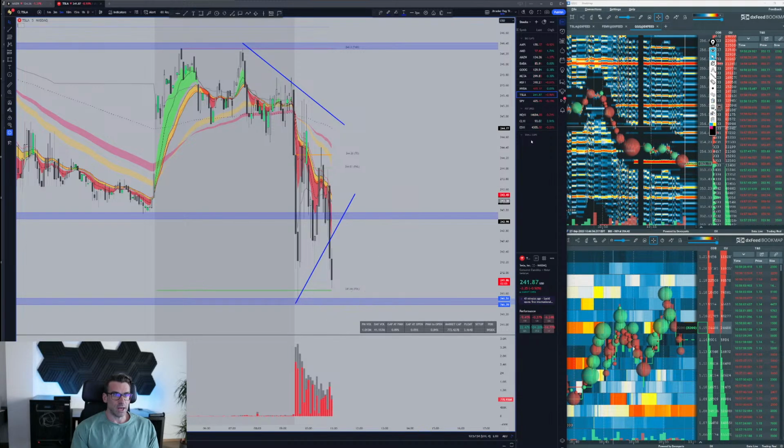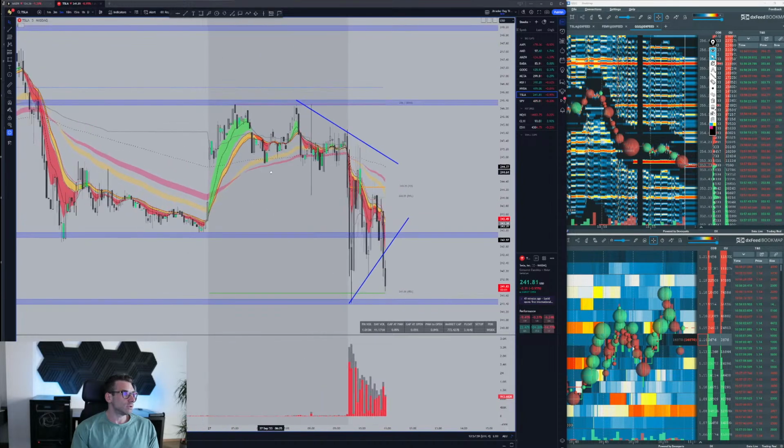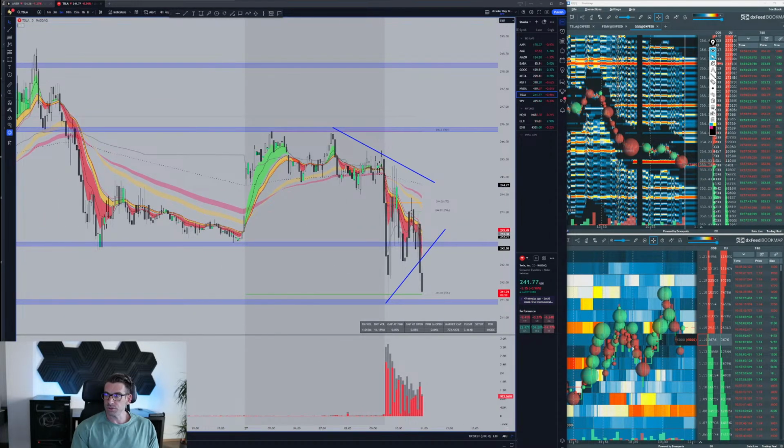But for that I need the entire market to bounce. For now we stay with the trend. We're following the trend over here, so no reason to start taking counter trend trades.